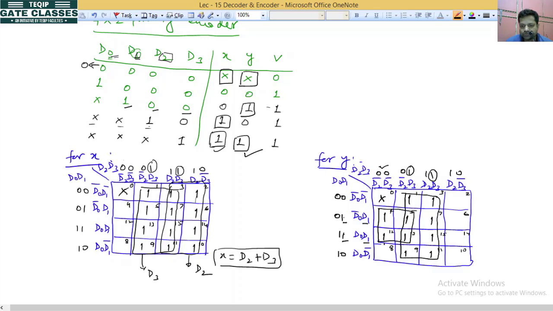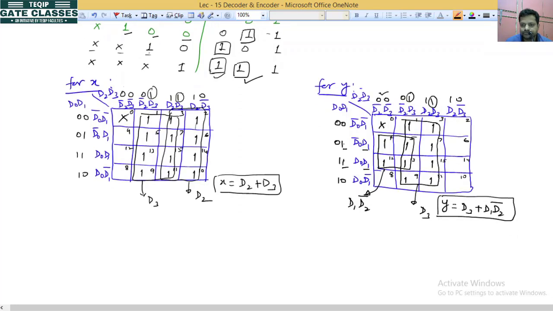So in the case of y we got a different output. Here D1 is common, and from above we have D2 bar, D3 bar, so D2 bar is common. From here we have D3. What will be the function for y? Y will be D3 plus D1 D2 bar.